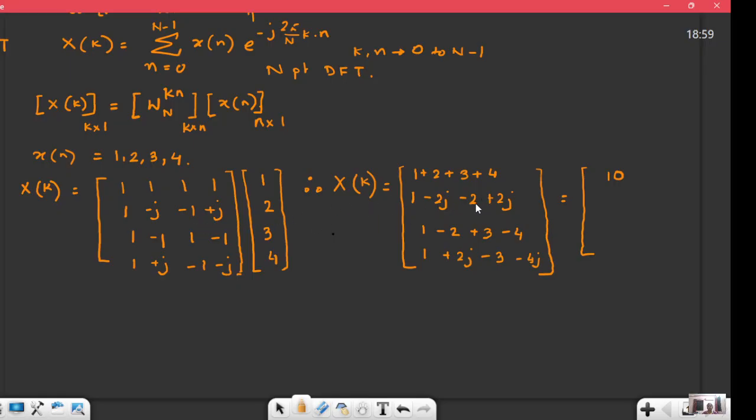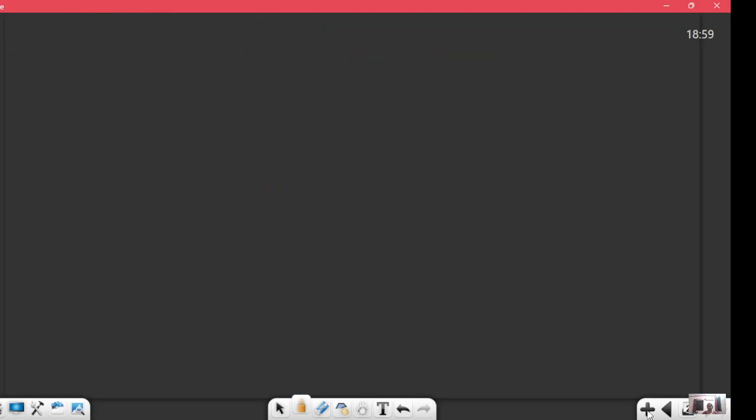Minus 3 into plus 4j. So it is minus 2 plus 2j. This is minus 2 and this is minus 2 minus 2j. So this is your x of k. This is the finding of the DFT.